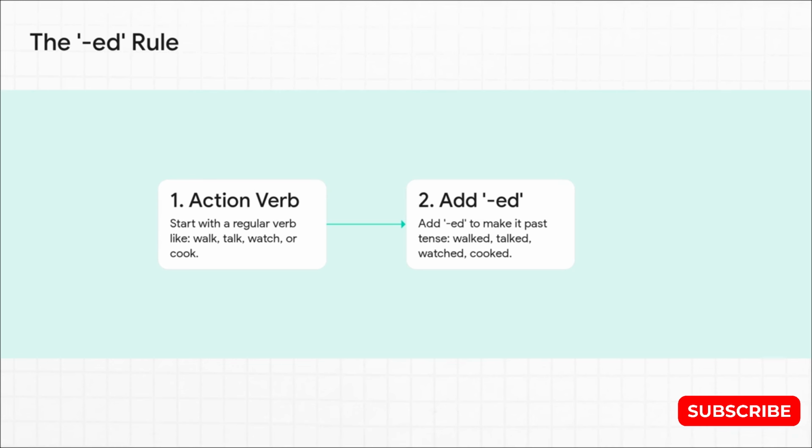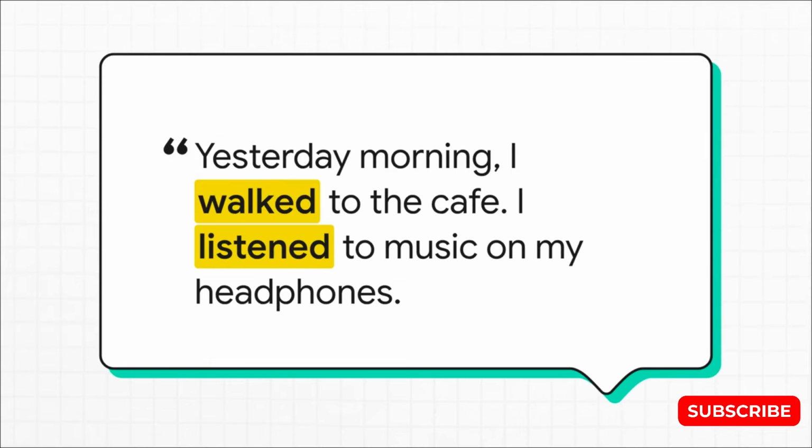You just take the verb like walk or cook, and you stick an ed on the end. And that's it. That's how you make it a past action. And you can see how a story starts to build. Walk becomes walked. Listen becomes listened. You're not just saying words anymore. You're actually describing what you did.